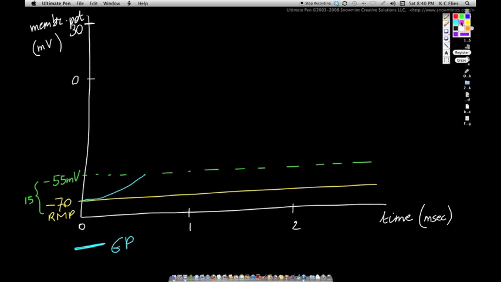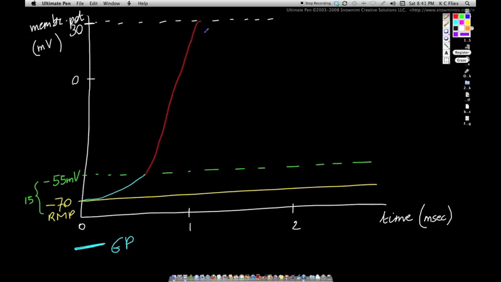The moment the graded potentials depolarize the axon hillock to minus 55, those voltage-gated sodium ion channels open up, and very rapidly pretty large quantities of sodium rush in, relatively speaking, and we almost immediately reach about plus 30 in our example, at which point the polarity of our membrane is so reversed.